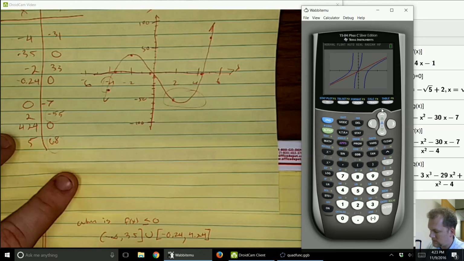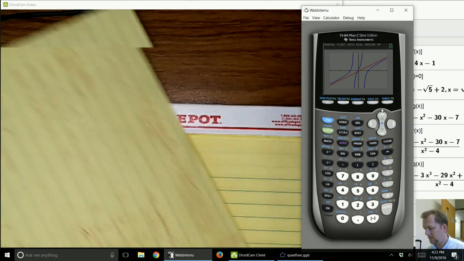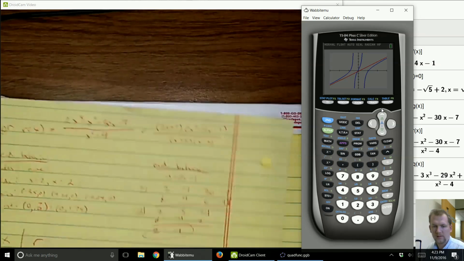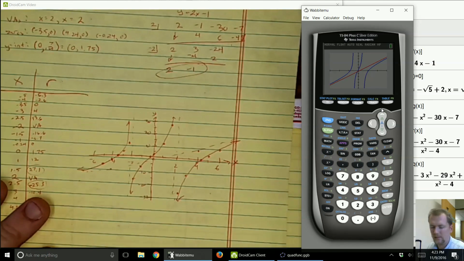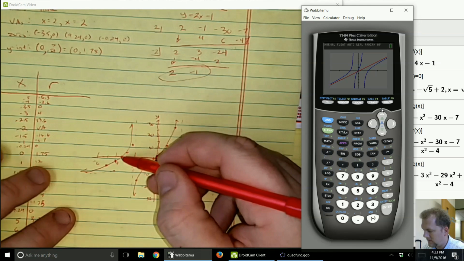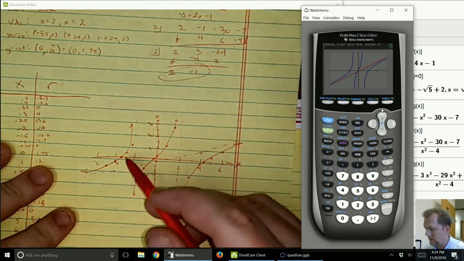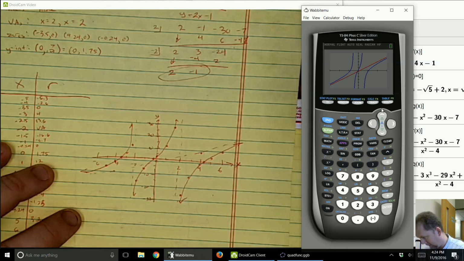So suppose we asked when is the rational function we found positive, strictly positive. Well, we can just look at the analysis that we did, and okay, after the first 0 and up until the vertical asymptote, and we don't include the 0 because it's strictly greater than.